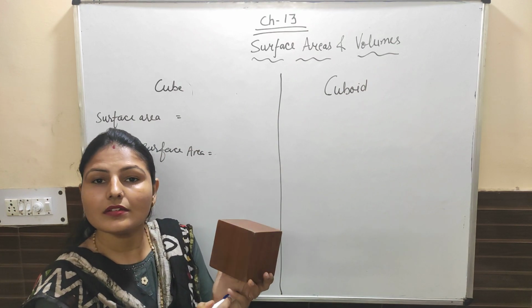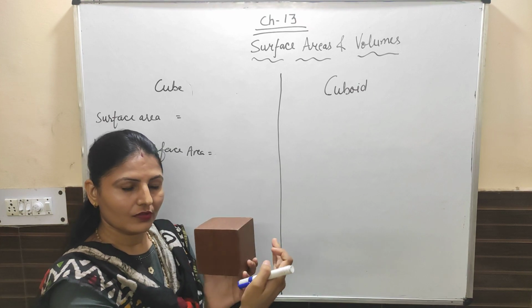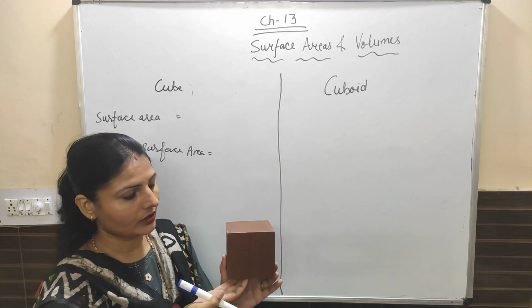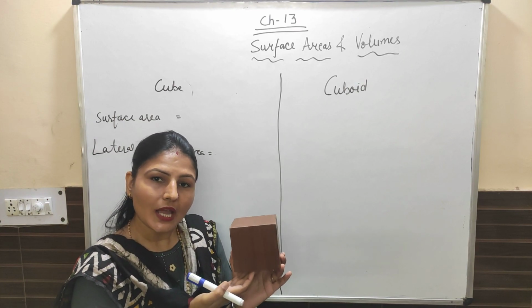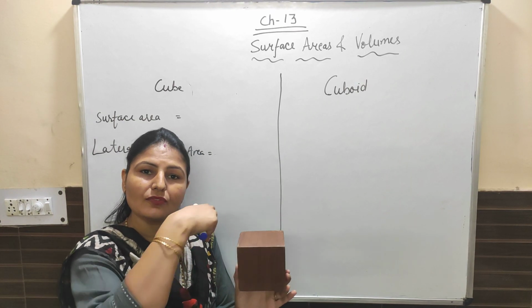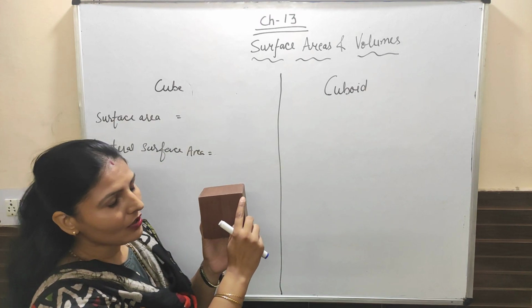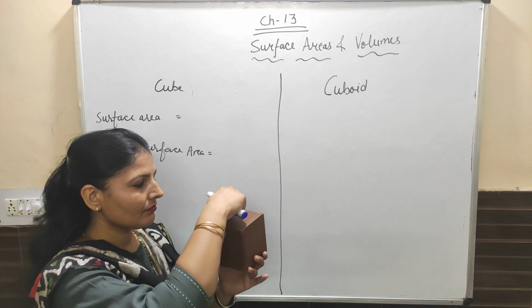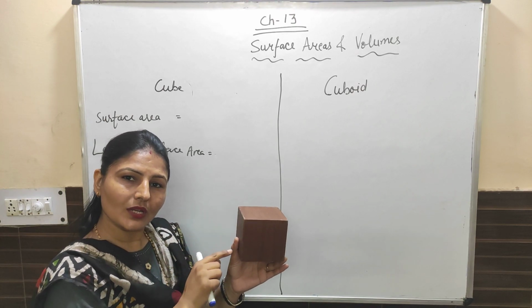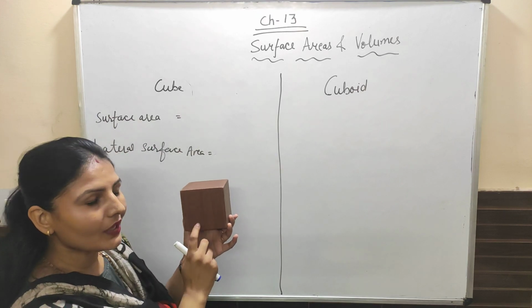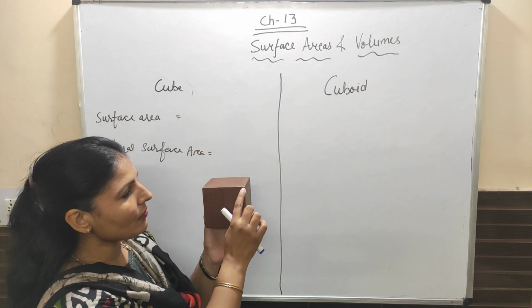There are 6 faces, 4 walls and 1 top and 1 bottom. It means we have to add all the areas of these 6 faces. See, each face of a cube is a square, which means all sides are equal in a cube. All sides are equal. So what will be the area of this square?